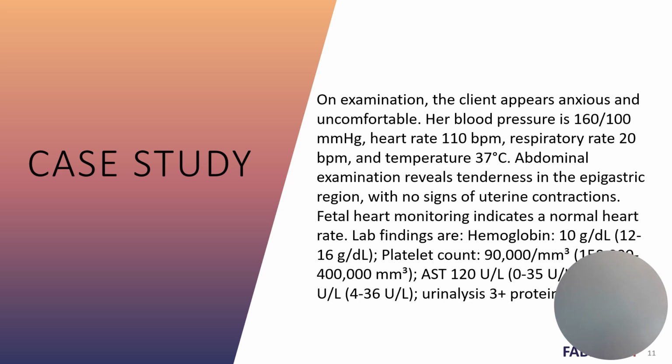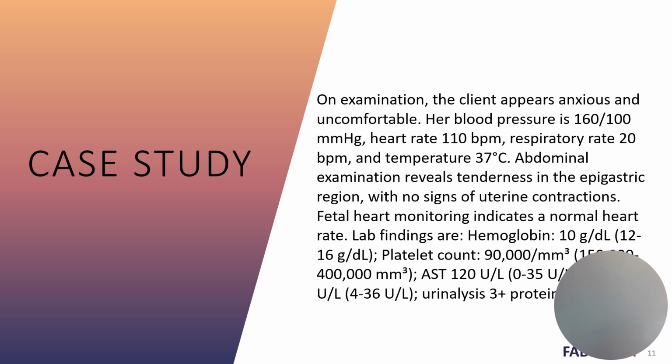Okay, so as our case study goes on examination, the client appears anxious and uncomfortable. Blood pressure is 160 over 100. Heart rate is 110. Respiratory rate is 20. Her temp is 37 degrees Celsius. Abdominal examination reveals tenderness in the epigastric region. No signs of uterine contractions.